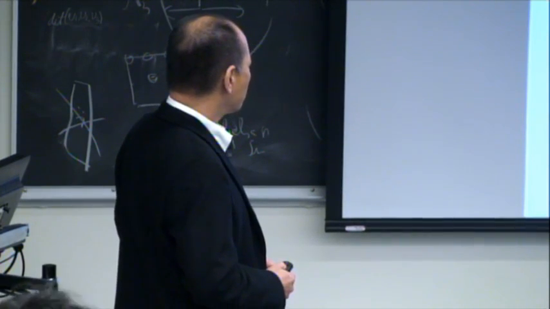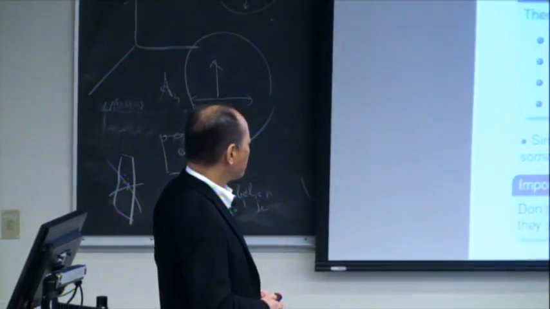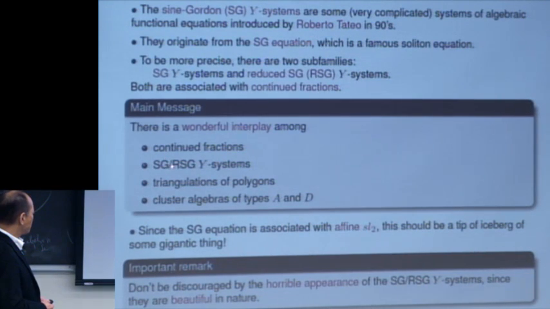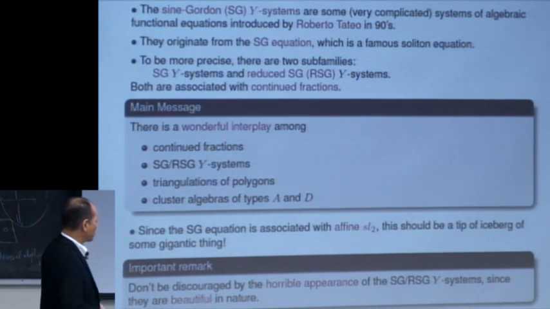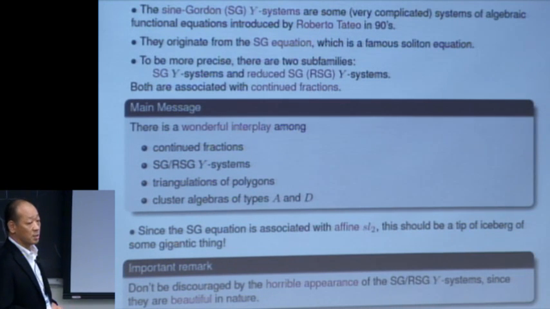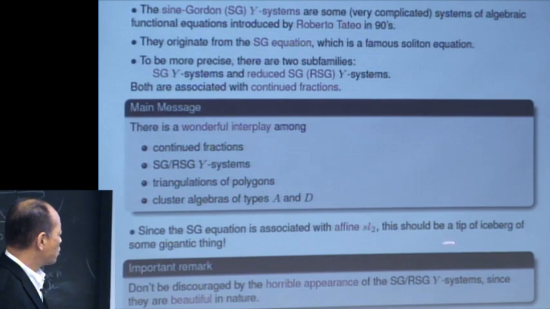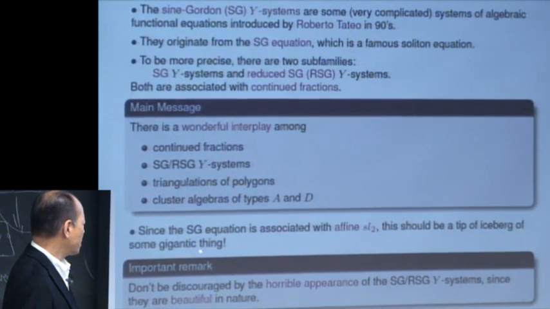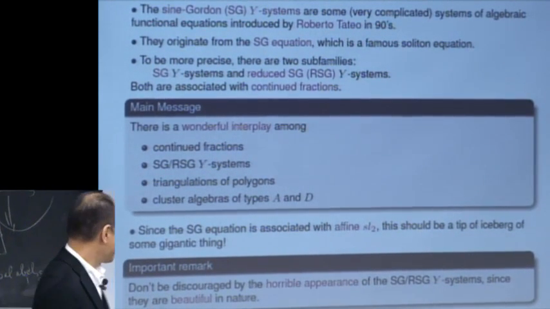My message is that there is a wonderful interplay among continued fractions, sine-Gordon and reduced sine-Gordon Y systems, triangulations of polygons, and cluster algebras of types A and D. Since the sine-Gordon equation is associated with affine SL2, the simplest affine Lie algebra, this whole thing should be the tip of an iceberg of some gigantic thing, which I don't know what it is.